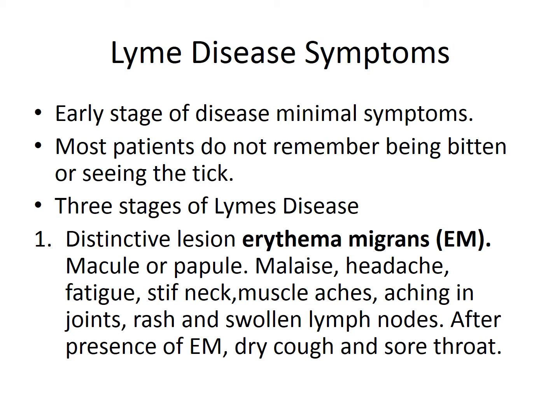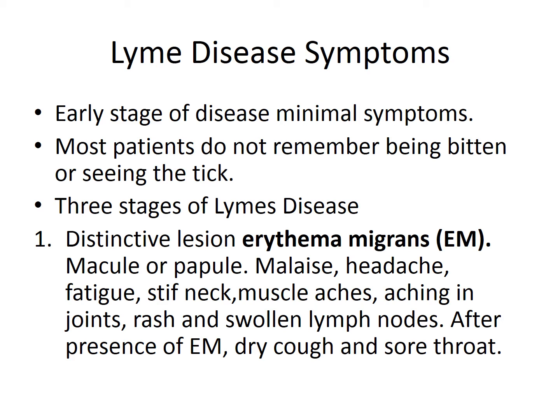The bullseye infection is very distinctive for Lyme disease. And also they get swollen lymph nodes. After the very beginning stages where you get that bullseye or the erythema migrans, they can end up with a dry cough and a sore throat. But as you see, a lot of these symptoms are very typical of having the flu.